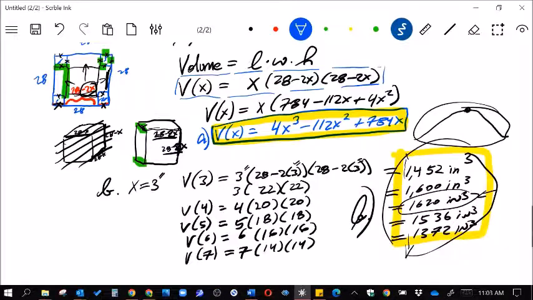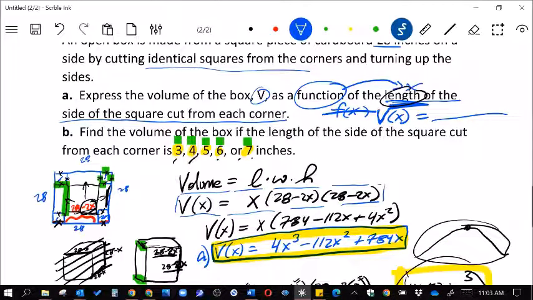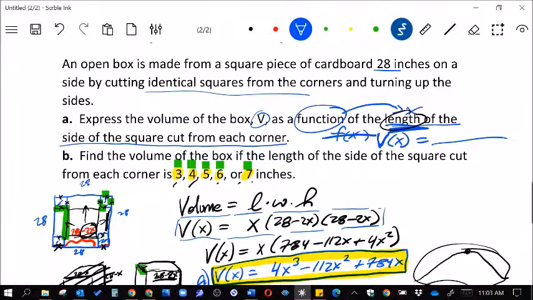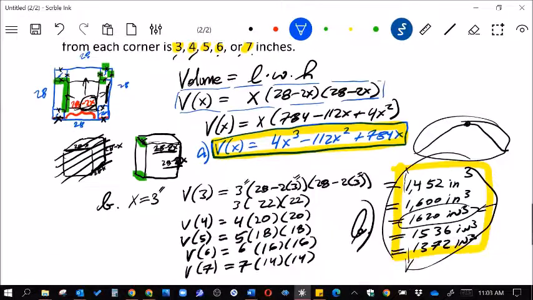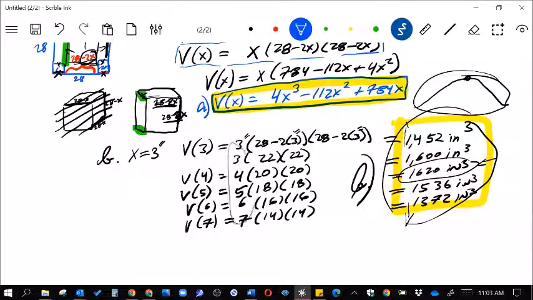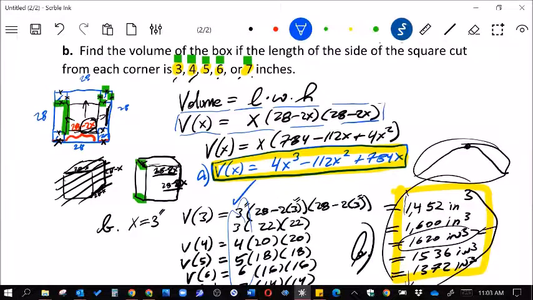And in this case, that something changing was the amount of the square cut from each corner. So it's these amounts here. As those change, we get changed answers. But the function is based upon whatever it would be. You can use these numbers now or back to this one to be able to determine those amounts.